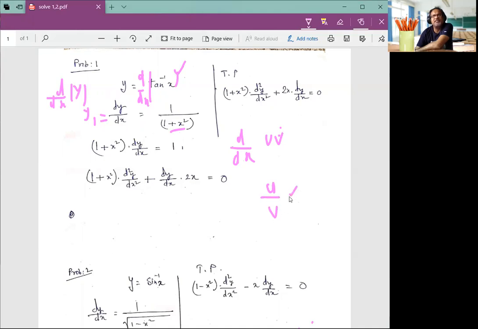The u by v formula is a little bit critical. But the first derivative of a product function uv is very simple: first unchanged times derivative of second plus second unchanged times derivative of first. So that is as simple as this.